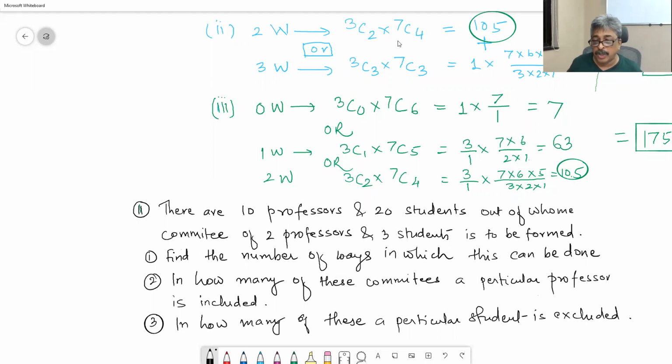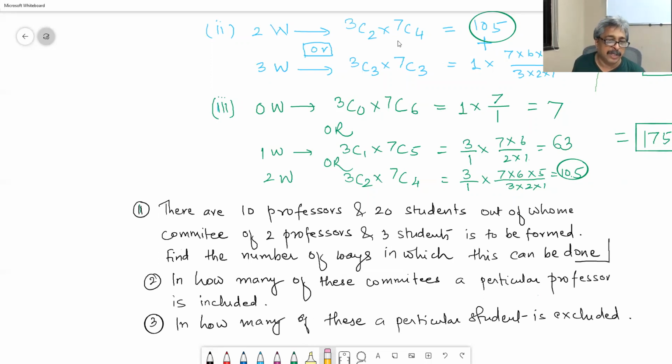Okay, so the question number 1 is in how many ways it can be formed, and then out of that answer, second, and out of the answer of the first, answer third. So maybe I will change the numbering. This is our first question. I'm not giving it 1. That is the question.